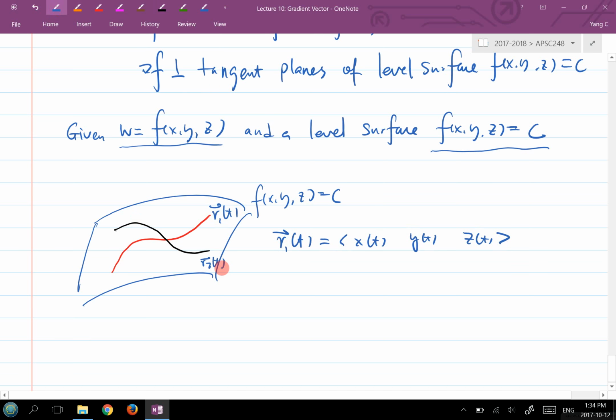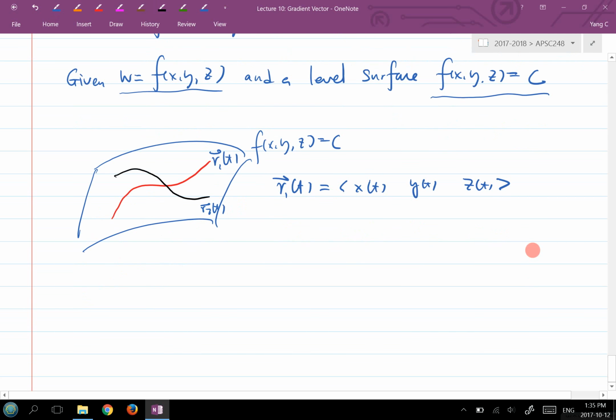Now let's start the manipulations, based on this concept. We start from this level surface f(x, y, z) = c. This surface contains many parametric curves.